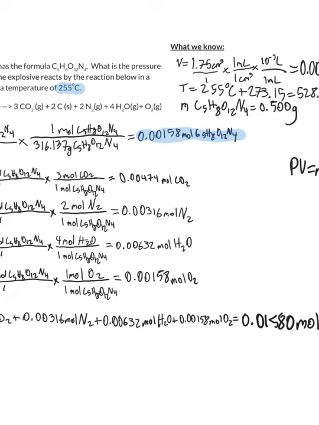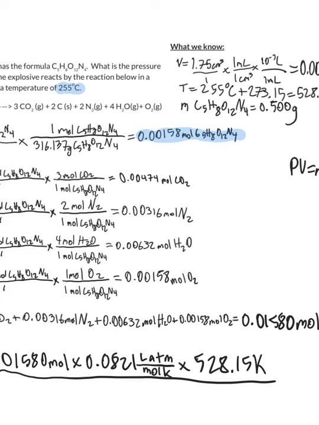We're going to put 0.01580 moles times R, which is 0.0821 liters times atm over moles K, times 528.15 K, and all of that divided by 0.00175, which equals 391.5 atm, and because of significant figures we can only have 3 sig figs, so we have 392 atm total.